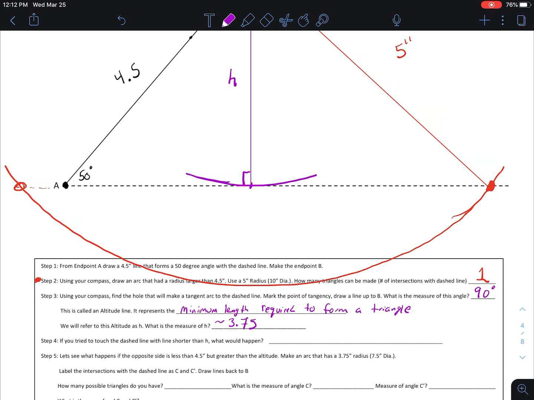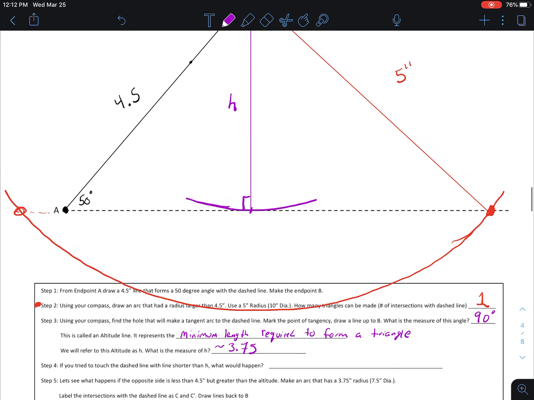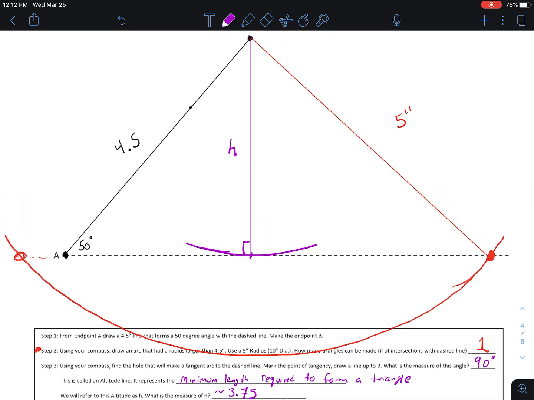And so that would form a 90 degrees right there. Now, if I tried to make an arc with a line that was shorter than H. So we got H to be about, let's say, 3.75.